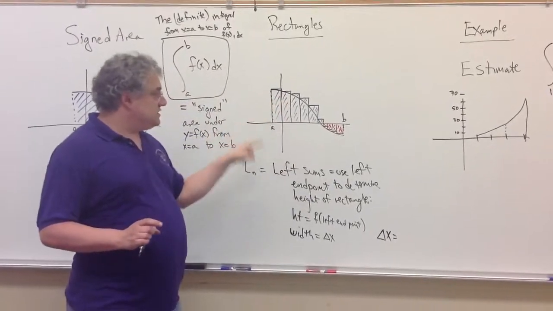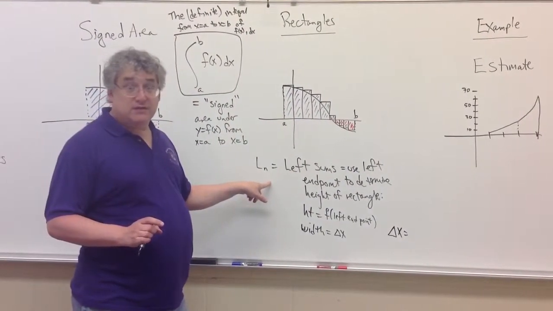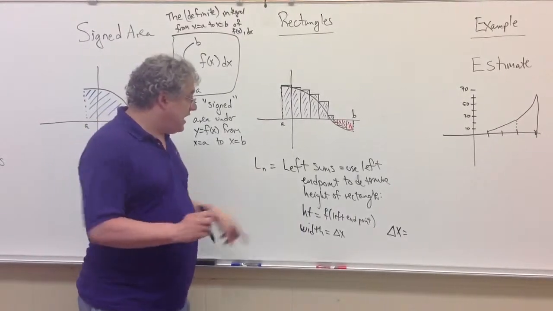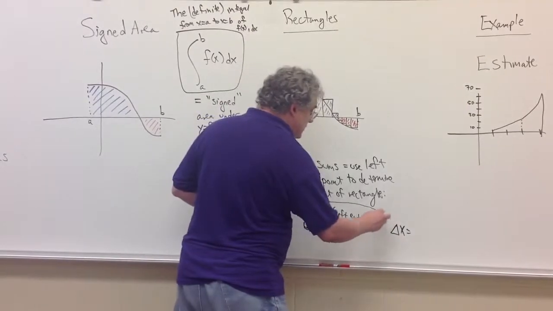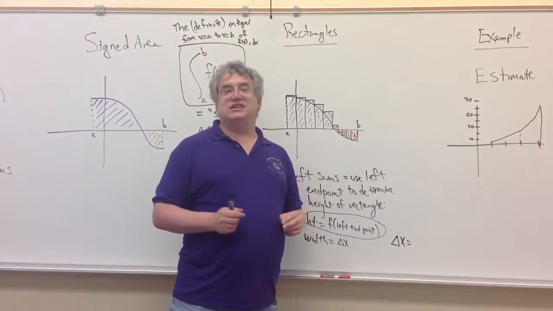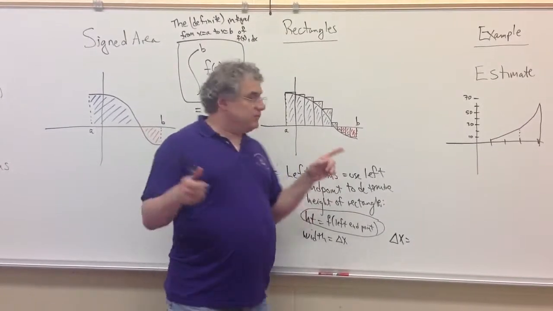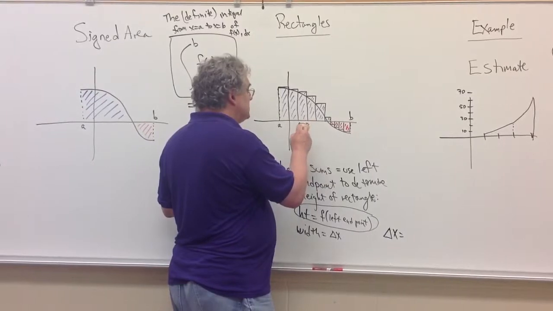Now, some details. So the left sums will be notated L sub n, where n is the number of rectangles, n for number. And the height is equal to f at the left endpoint of that particular one. And the width, right now we're going to use the width is always the same. It actually doesn't have to be, but right now they're all the same. We'll call that width delta x.